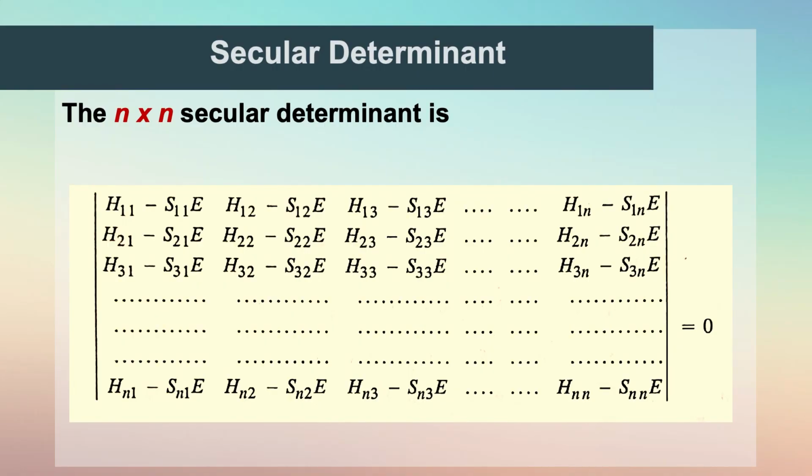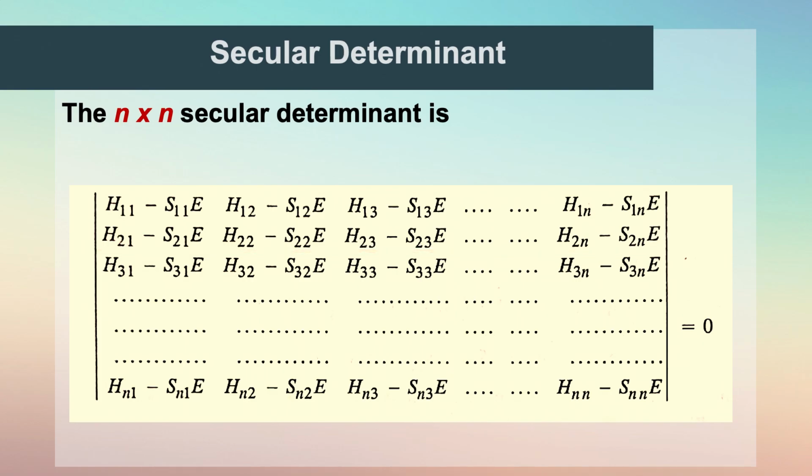The n by n secular determinant is of the form H11 minus S11E, H12 minus S12E, etc., up to H1n minus S1nE. The second line is H21 minus S21E, H22 minus S22E, H23 minus S23E, and it ends as H2n minus S2nE.